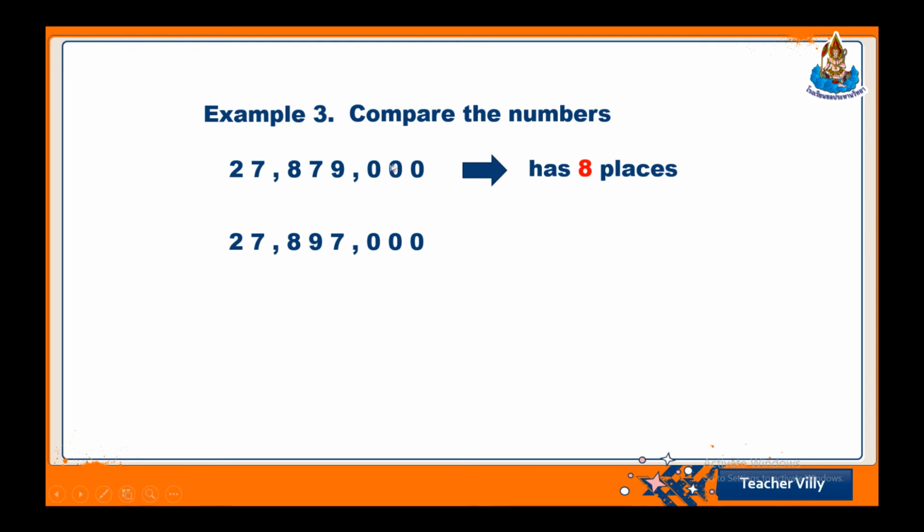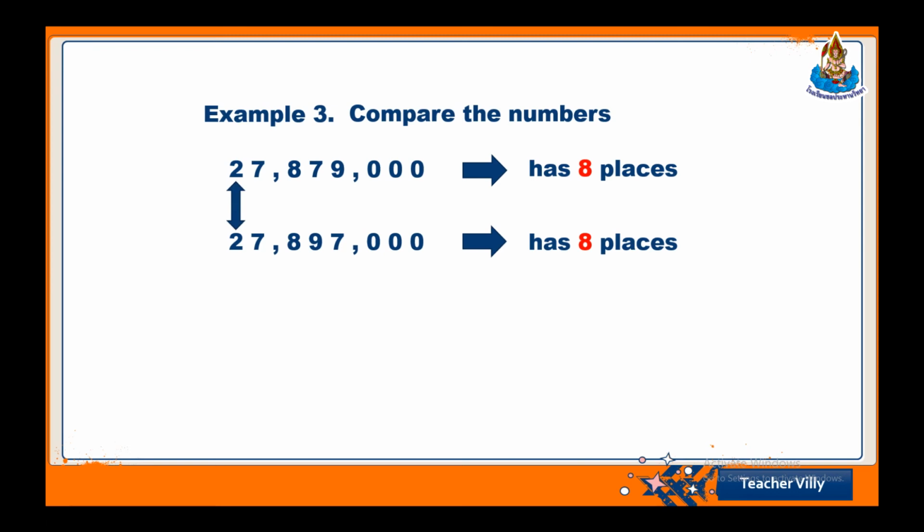We have 8 digits or 8 places. Same is true with the number 27,897,000. It also has 8 places or 8 digits.